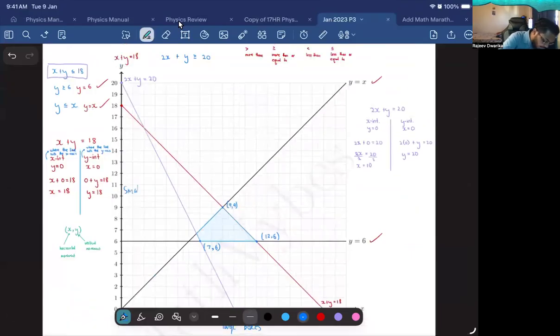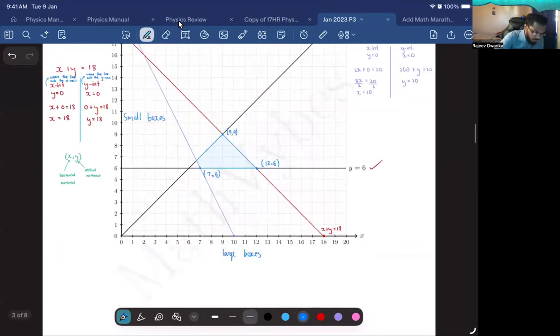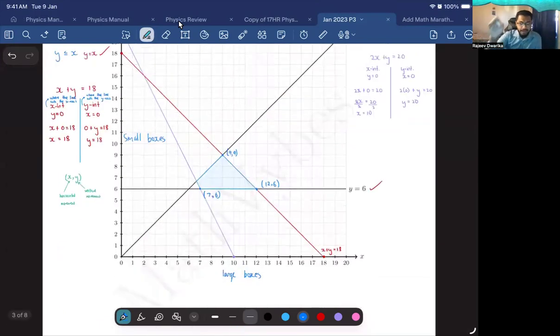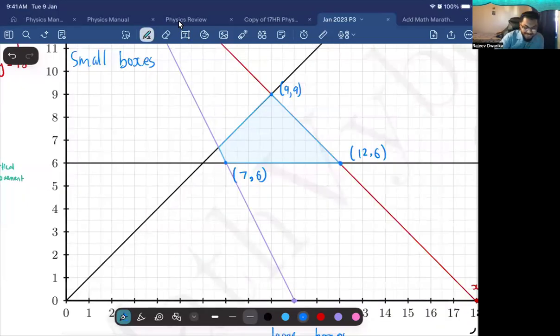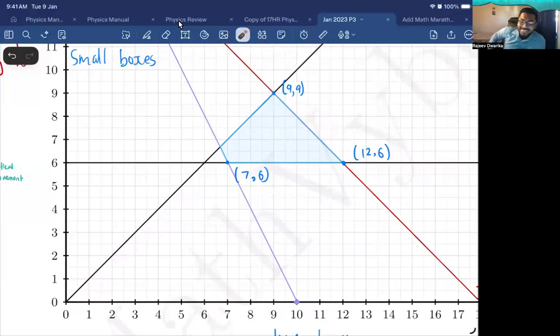Guys, can you have a fraction of a box? No, sir. Are we going to cut a box in half and give people milk in a half box? No, sir. You lose customers one time.